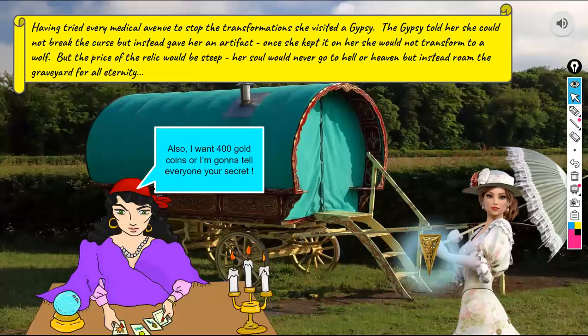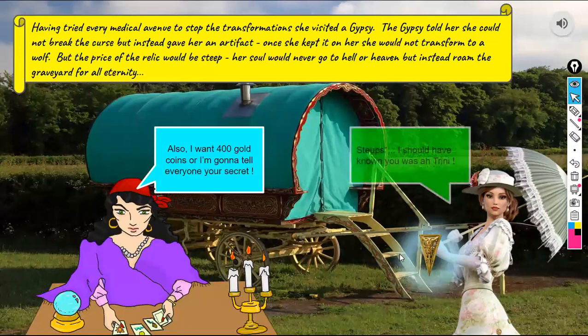That's like a fortune. Or she's going to tell everyone Joanne's secret. And of course, Joanne responds like this. And that's the end of this story. So it turns out the gypsy was a Trini. That's a little joke there. I'm sure you all know a friend like that.